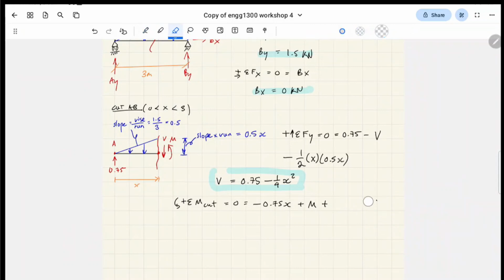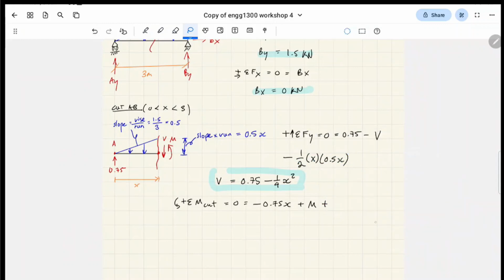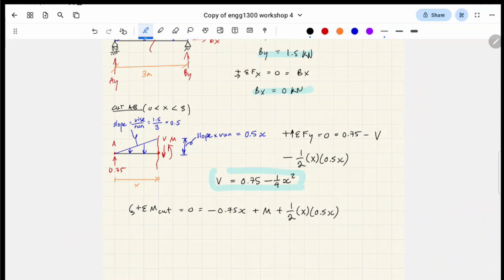And what I'm literally going to do is duplicate the magnitude from before. So that's the magnitude, and then multiplied by the lever arm.